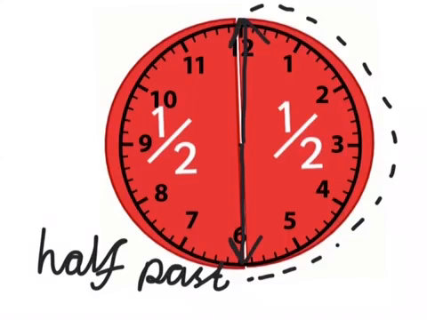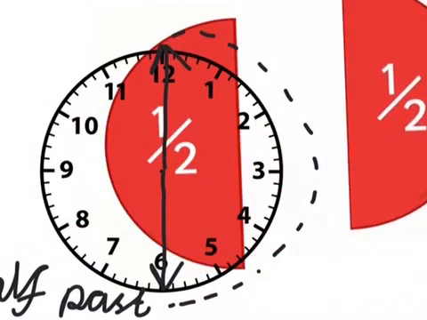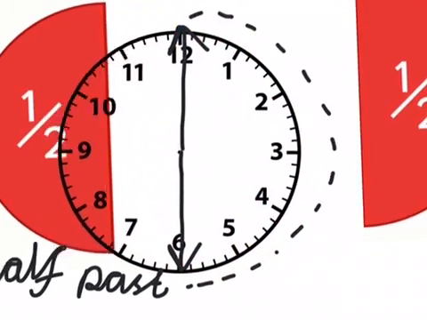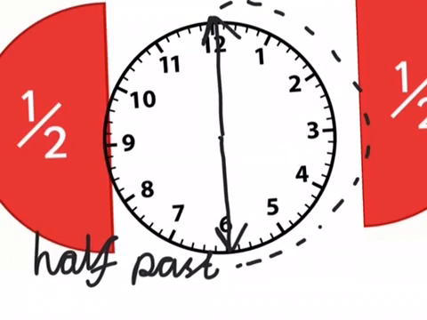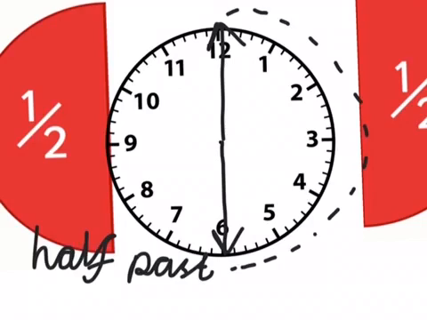Now you can see it a little bit more clearly if I take away the half images, and now you can see clearly that he's travelled halfway around the clock. If I was to shade half of the clock, you can see it again really clearly. There's one half, and the minute hand has travelled half of the way round.